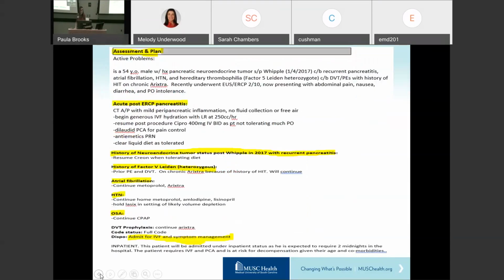And for our assessment and plan, we have an acute post-ERCP pancreatitis. We have AFib. We have hypertension. We have obstructive sleep apnea.